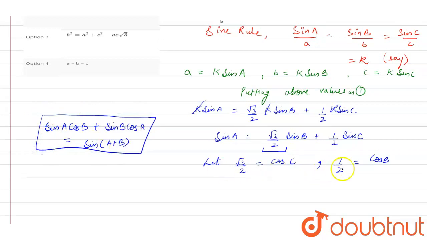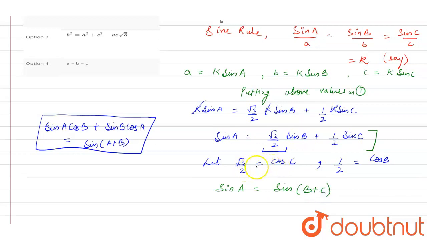That's why we supposed root 3 by 2 and 1 by 2 as cos C and cos B. Here the angles are B and C. So therefore we'll write sin A will be equal to, following this identity, cos C sin B plus cos B sin C, so sin of B plus C, right?